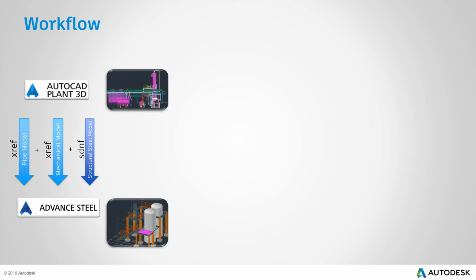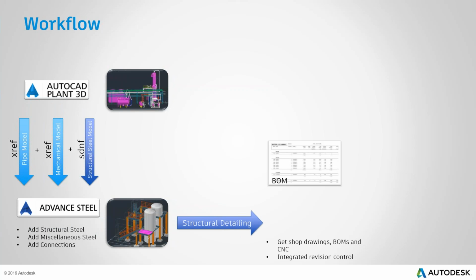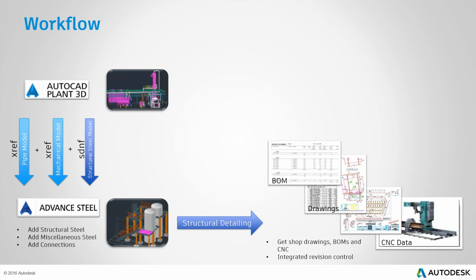Because it's like sitting in normal AutoCAD, we just load up the XREF command and attach the piping and plant model. Inside Advanced Steel, we can detail it, do miscellaneous steel and any other connections, and the structural detailing side is where we get our BOM, our drawings, our CNC data.